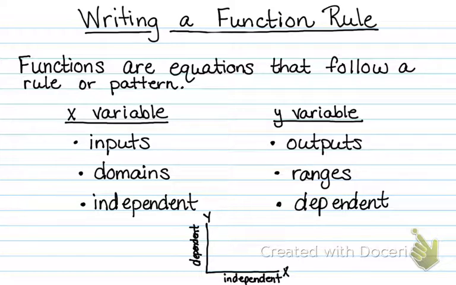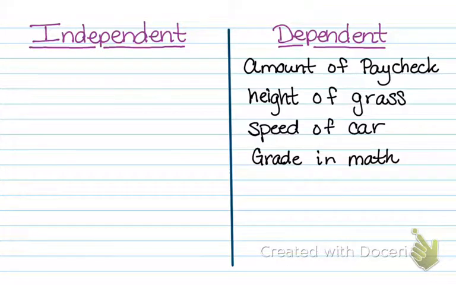So for example, if we were to graph something, and you do this quite a bit in science, and we have two different variables compared to each other, we always put the independent variable, or the x value, on the x-axis, and the dependent variable on the y-axis. So some examples of that may be this. I have a kind of chart here, and let's say our dependent is the amount of checks.